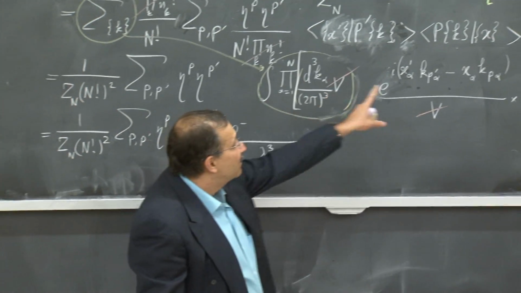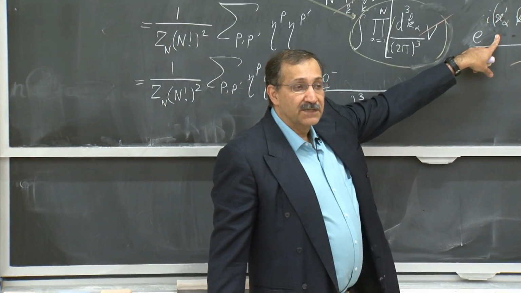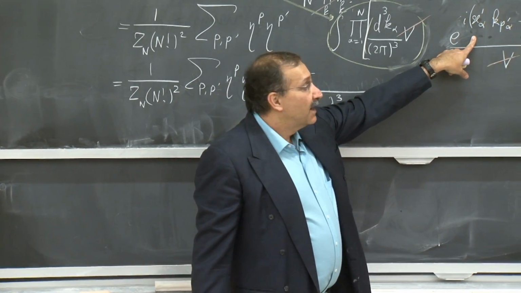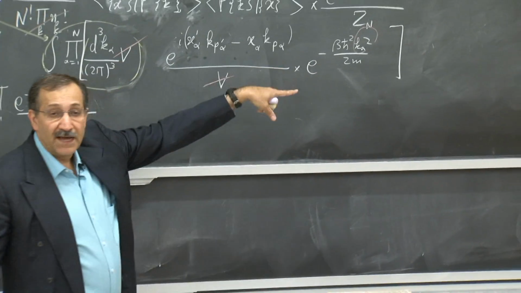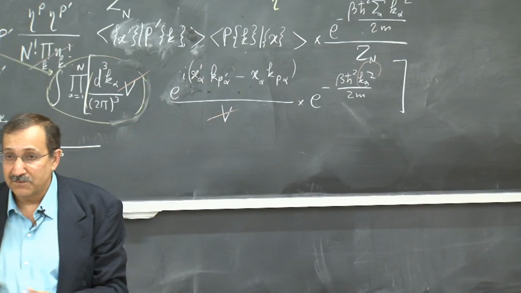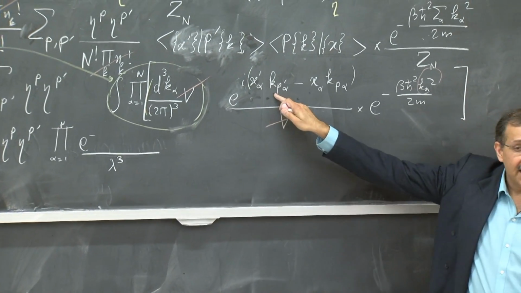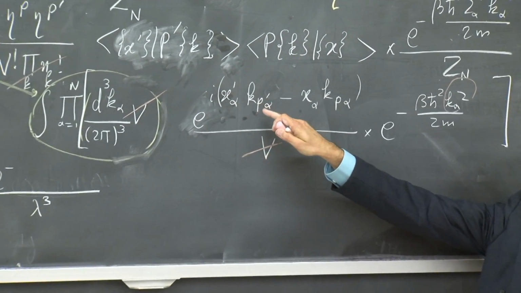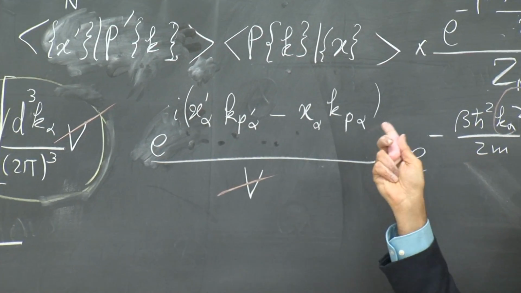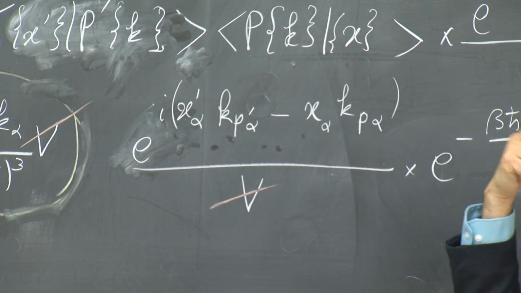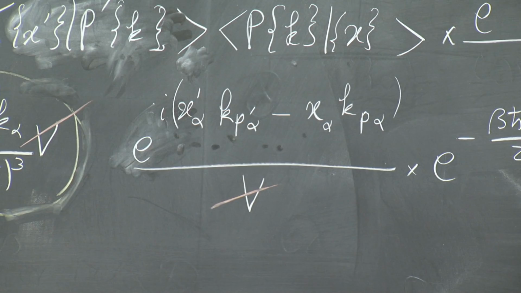Well, as I sum over all possibilities in each one of these terms, I am bound to encounter k alpha. Essentially, I have permuted all of the k's that I originally had. So the k alpha has now been sent to some other location. But as I sum over all possible alpha, I will hit that.